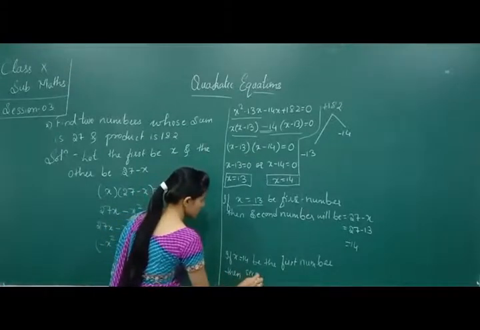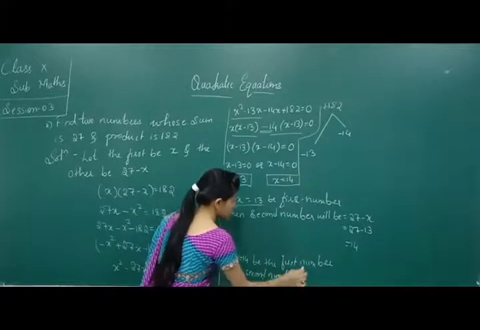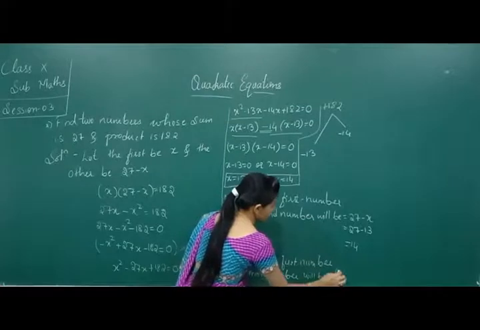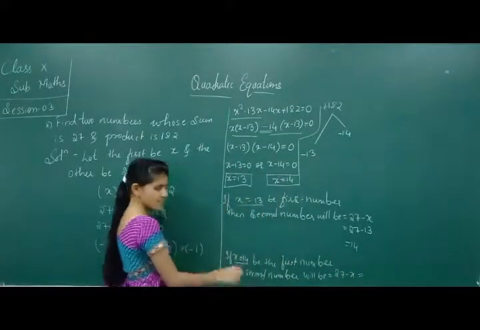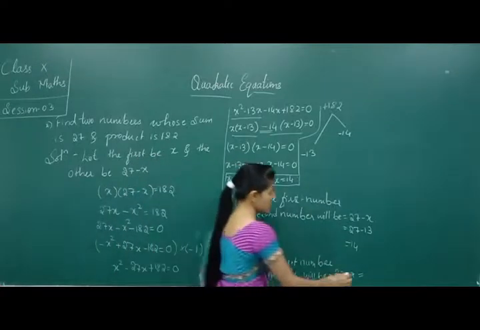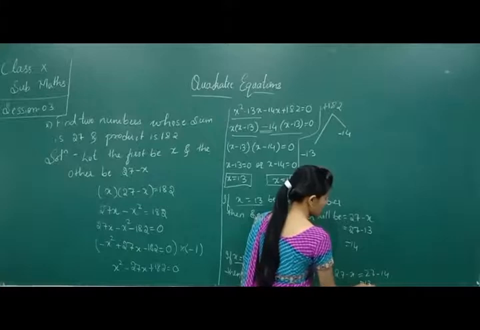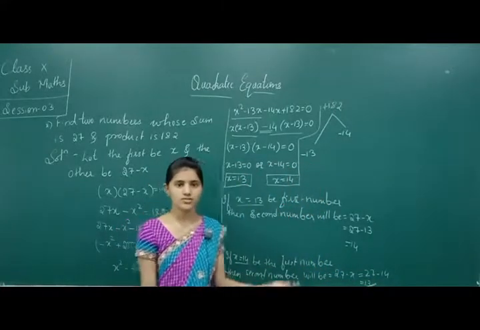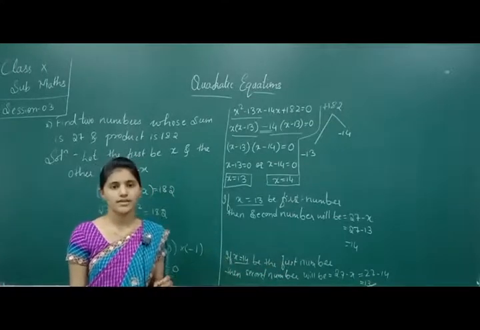The second number will be 27 minus x. We have considered x here as 14. That is 27 minus 14, which is going to be 13. So what are the two numbers? The two numbers might be 13 and 14.